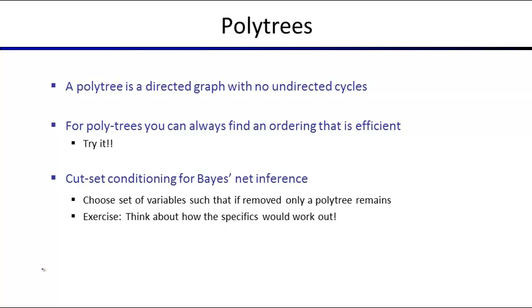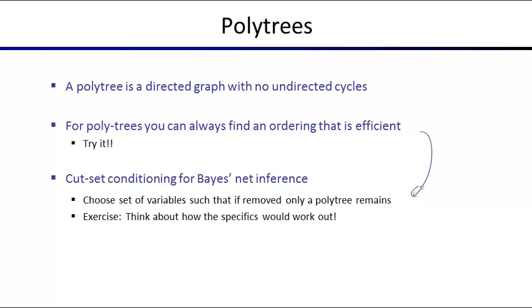You have the same extension as we saw in CSPs. That is, if you have a non-tree-structured Bayes net, take out some variables, give them some value, run inference in the remaining net, and of course have an outer loop that loops over all values of the variables that you took out, and do inference in each.